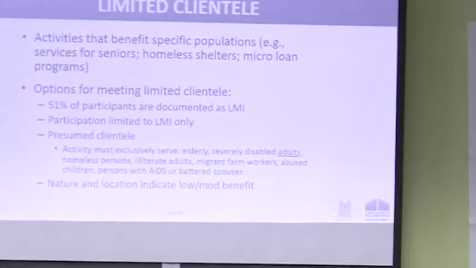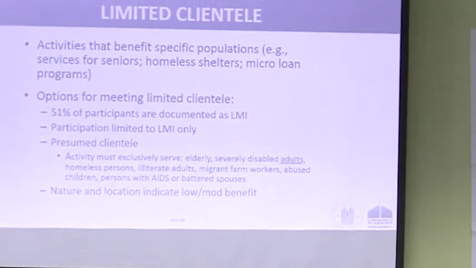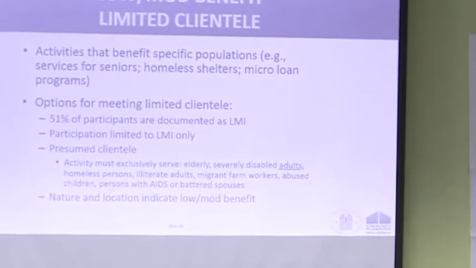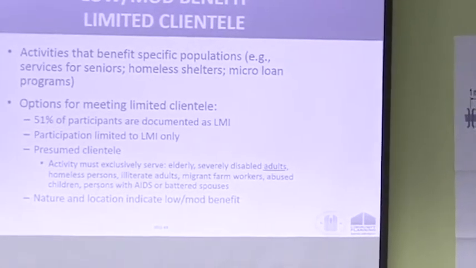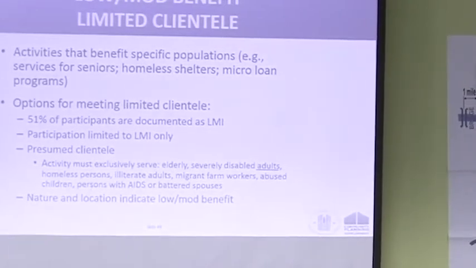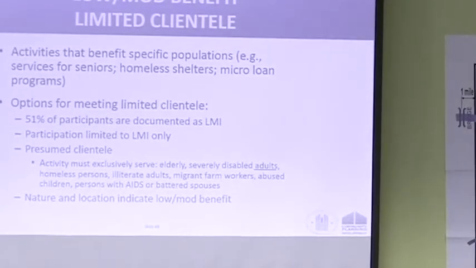So we're talking seniors, we're talking youth, we're talking disabled. So again, it targets specific groups in which you are now documenting that at minimum 51% of the beneficiaries are low and moderate income people or households. Well, this is families, okay?